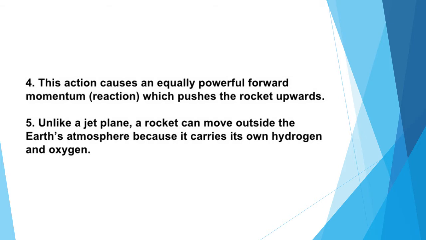This action causes an equally powerful forward momentum reaction, which pushes the rocket forward. Unlike a jet plane, the rocket can move outside of the Earth's atmosphere because it carries its own hydrogen and oxygen, meaning a jet cannot travel out of the Earth's atmosphere because there is no oxygen to have their combustion.